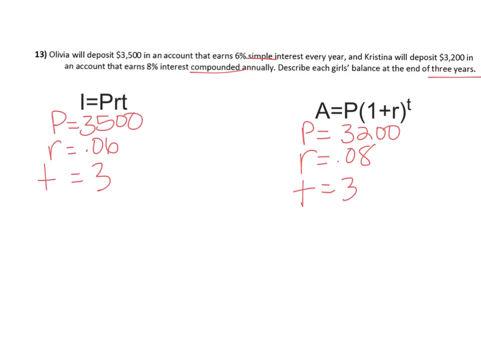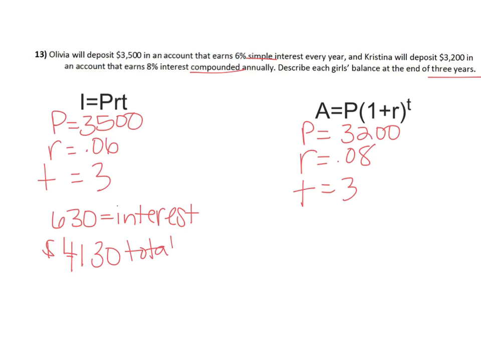So when you plug it into the formulas, you will get that Olivia earns $630 in interest, which means you have to add that to her principal to figure out her total amount. So she has a total of $4,130. And then for Christina, using that formula, you get the total amount.